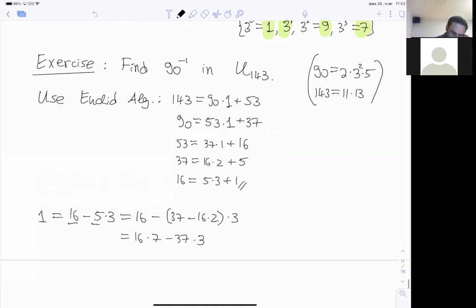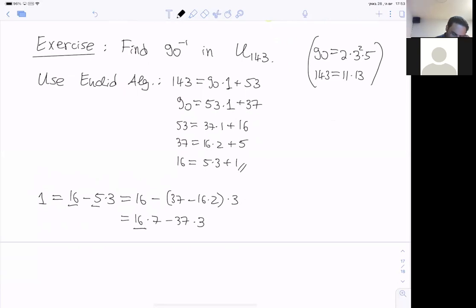Okay, now we have 16 and 37. So I'm going to translate the 16 to this thing.